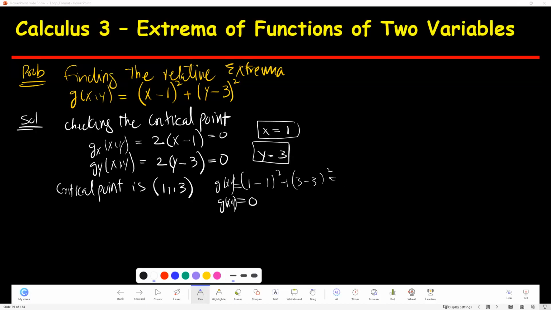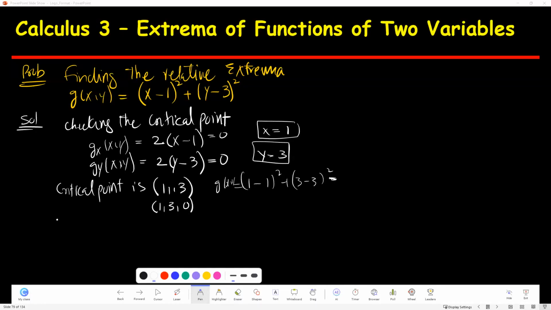So this is my 0. So I can write the critical point as 1, 3, 0. The last one is my function value, right? You can write it this way too. But anyway, I already got my critical point, so let's check it, right?